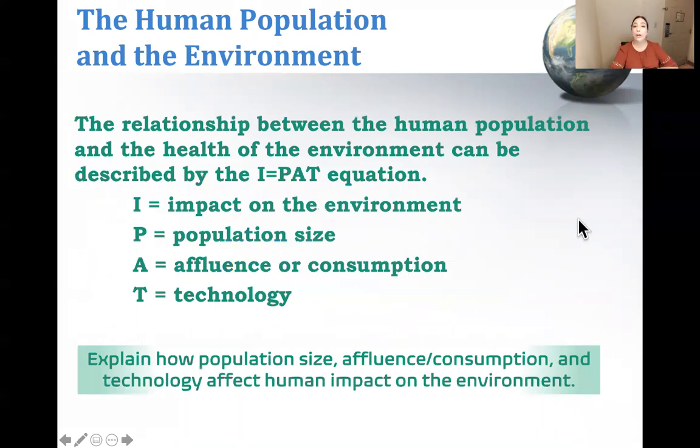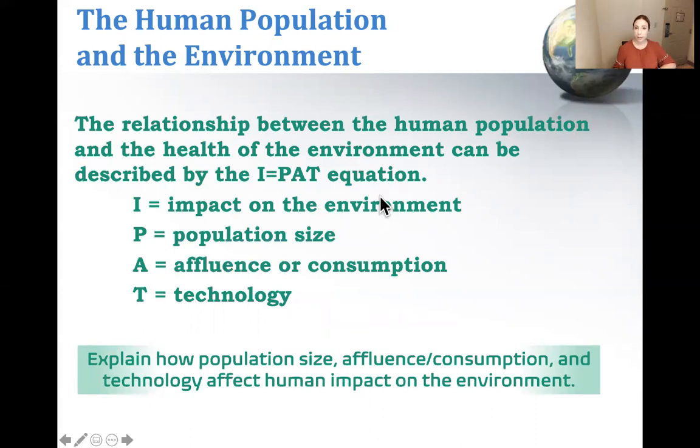So the first part is looking at the IPAT equation. Now, this is an equation that was put together by a scientist that looks at human populations. So basically, I stands for impact on the environment, referring to the impact that a population in a given area has on the environment.